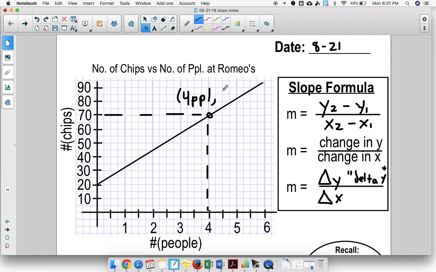So 4 people, comma, 70 chips. In other words, if 4 people are at my table at Romeo's, they're going to bring 70 chips. And then we're just going to track that along and try to find another spot. Looks like even here, this looks pretty good. If you track it down, that matches up with 2 people.